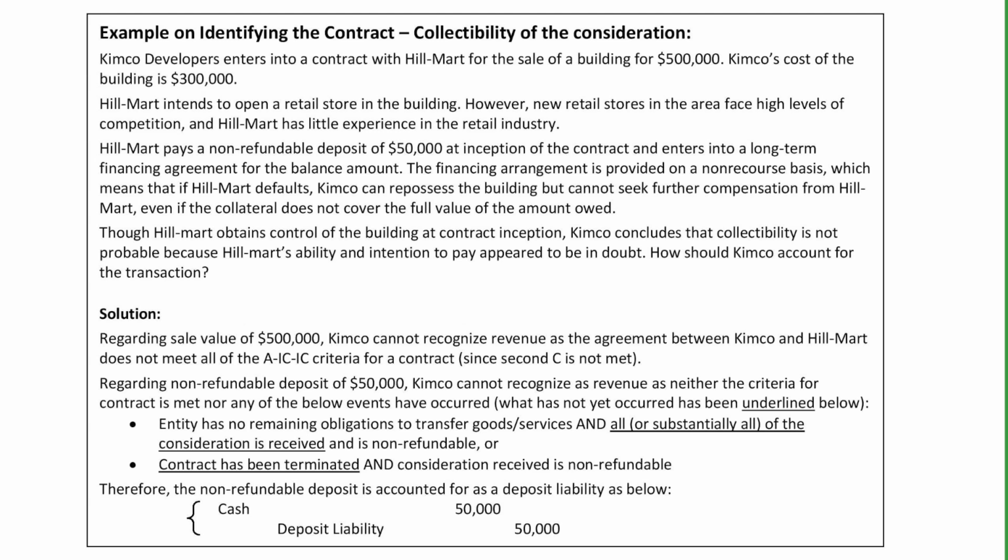Though Hillmart obtains control of the building at contract inception, highlight Kimco concludes that collectibility is not probable because Hillmart's ability and intention to pay appeared to be in doubt. And right there, therefore, no contract.